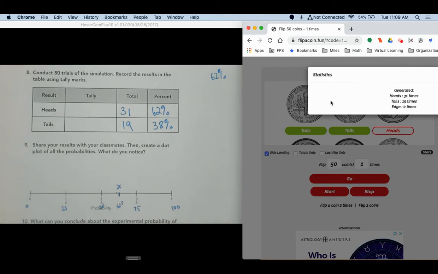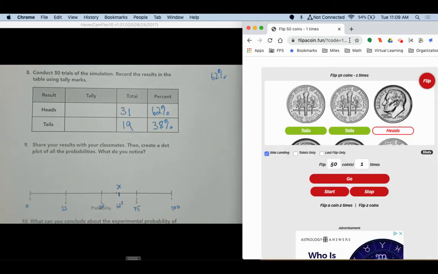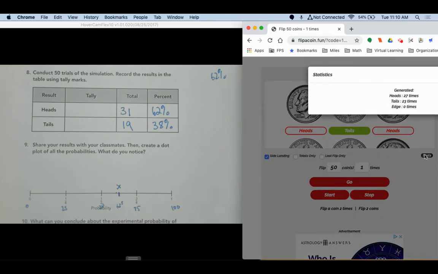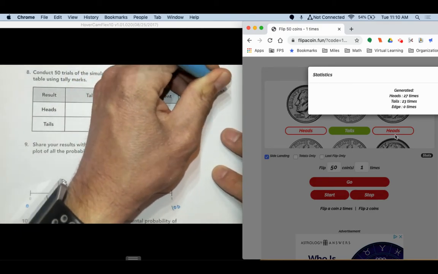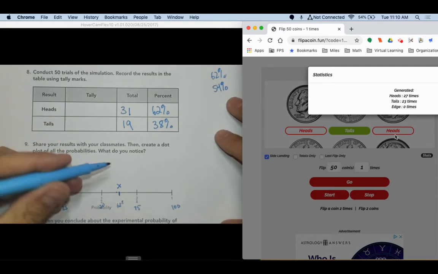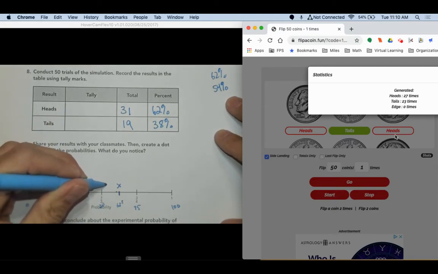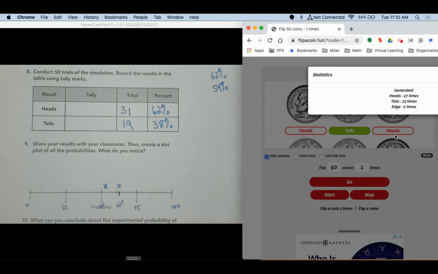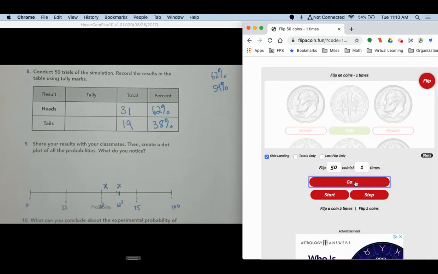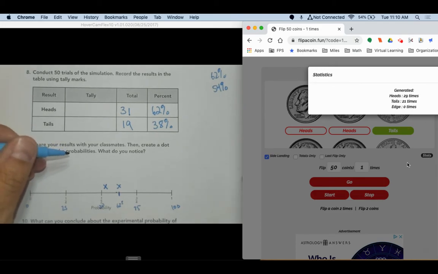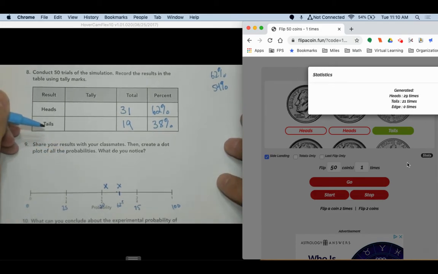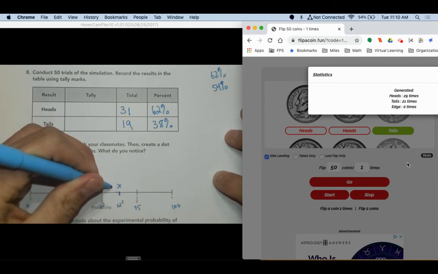Then I'm going to start doing this for the other groups as well. And I'm going to flip it again. And then this is 27 is heads, and so that's 54%. I'm multiplying it by 2 each time. 54% is going to be pretty close to here. Then I'm going to flip it again, and then that's going to be 29 times, times 2 is going to be 58.